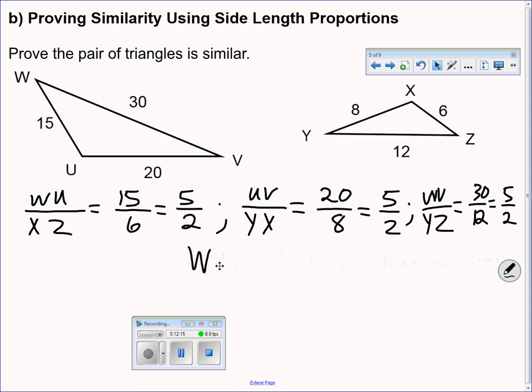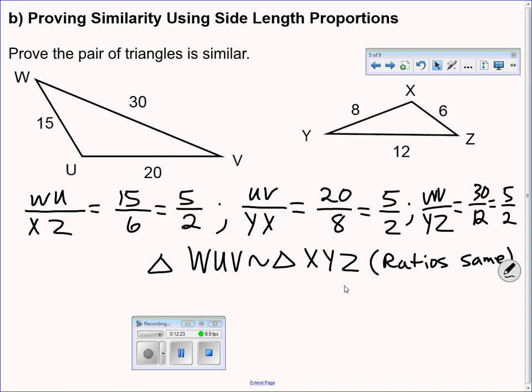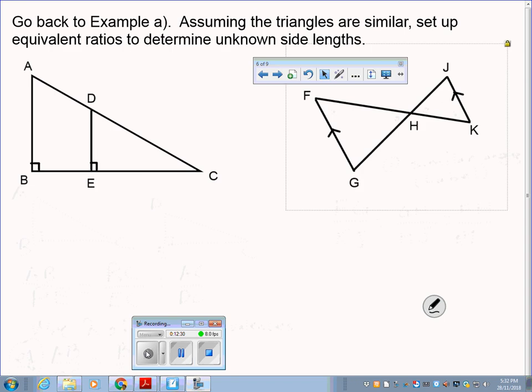And then we simply say our triangle WUV is similar to triangle XYZ because the ratios are the same. And we're good. Now, I would tell you, go back to example A and assume the triangles are similar. What I want you to do now is set up the equivalent ratios to determine the unknown side lengths. Let's do that for this next problem.